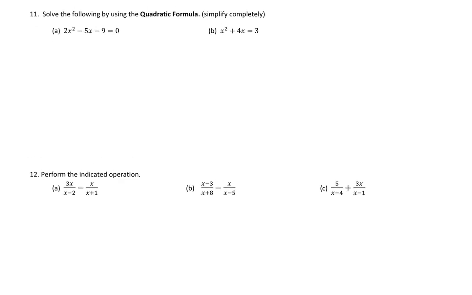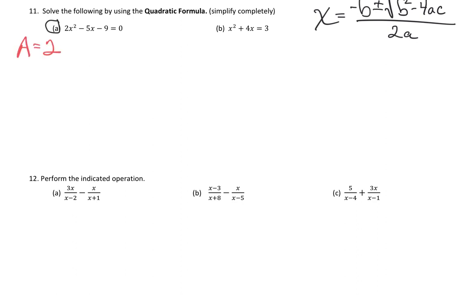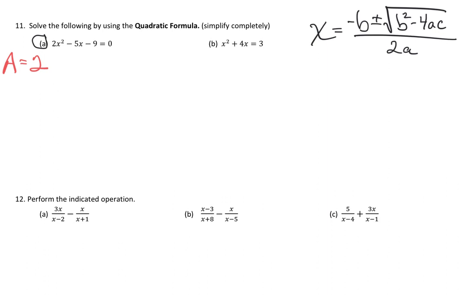Solve using the quadratic formula. We certainly can do that. Remember the quadratic formula. Make sure I'm trying to be neat. There's my formula, and we're going to work A. So I'm going to come over here and list. A is 2, right?